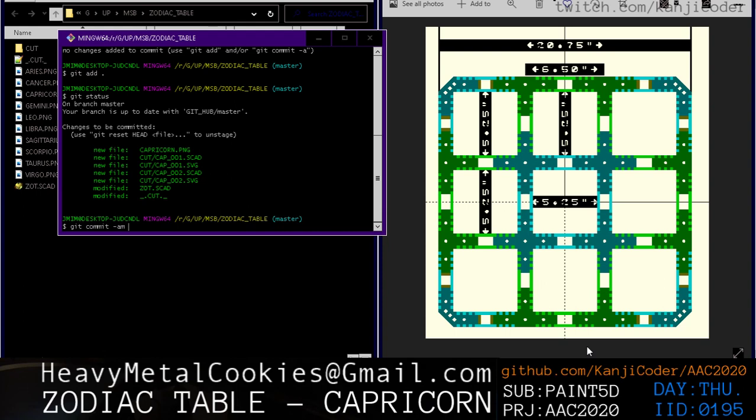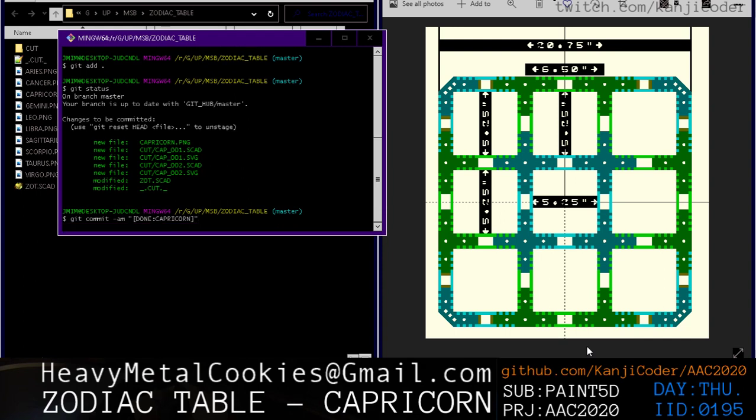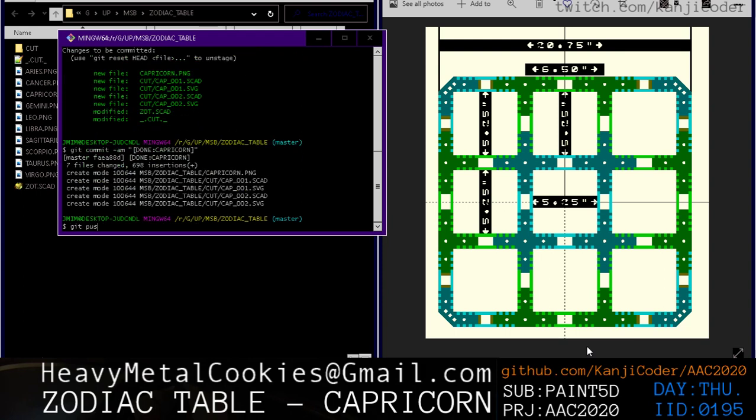Git commit -am done Capricorn. Okay, and then more delay, so I don't know why. Okay, so git push GitHub master.